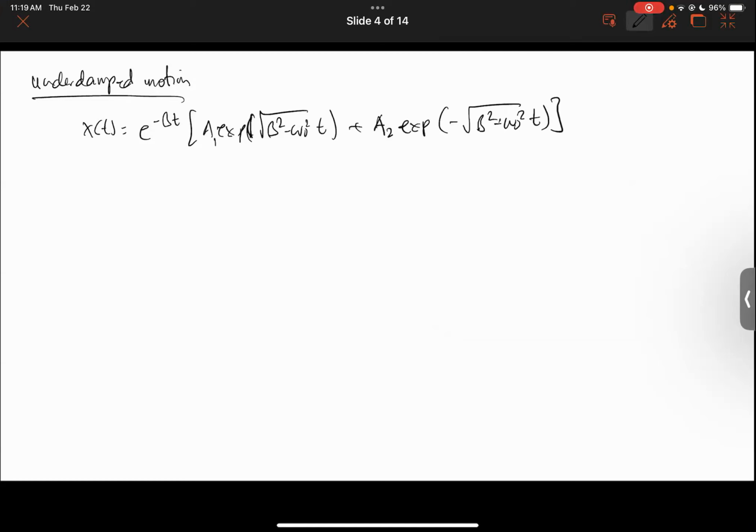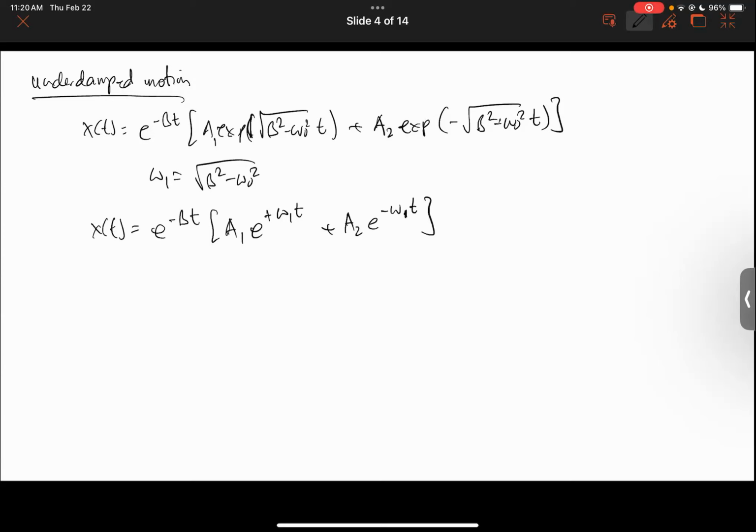Okay, now we define a new parameter omega 1 to be equal to the square root of beta squared minus omega naught squared, so that we write the position of the particle undergoing underdamped motion as exponential negative beta t times A1 exponential positive omega 1 t plus A2 exponential negative omega 1 t. Okay.